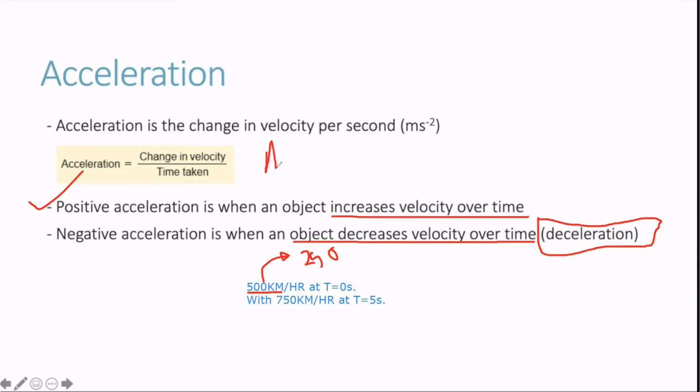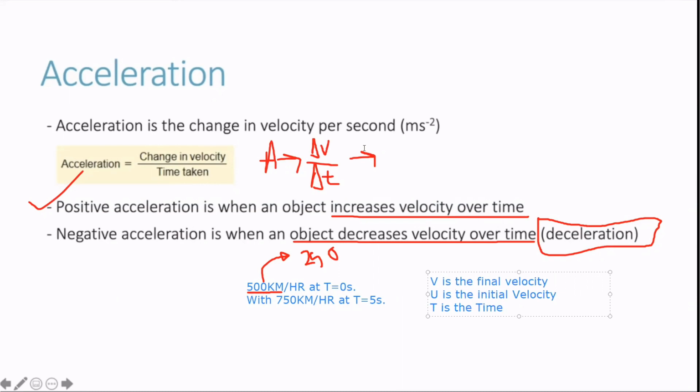Now, the formula for acceleration in your books might be given as change in velocity upon change in time. This is the symbol delta which shows change. So let's assume that here v is the final velocity, u is the initial velocity, and t is the time as usual.